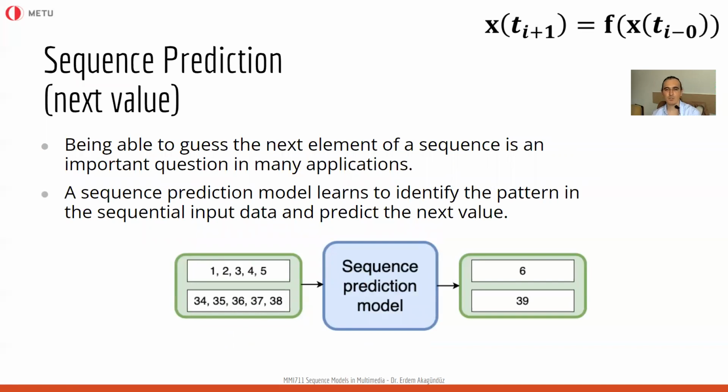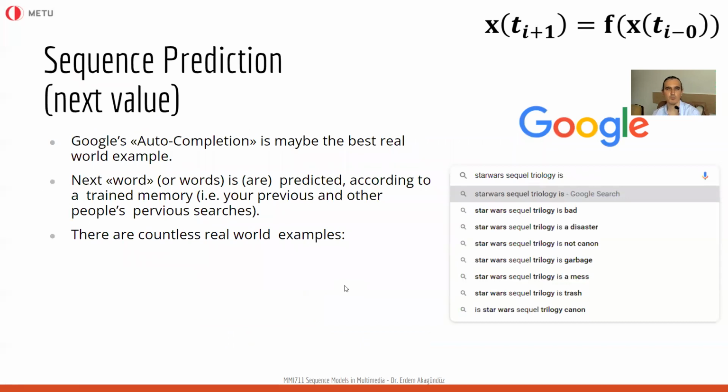The next value problem could be multidimensional, because there could be relations between different sequences, so a multi-sequence prediction problem. Or a sequence problem is something you always do. For example, Google's auto-completion is maybe the best real-world example, and it's an LSTM, by the way. How do I know this?